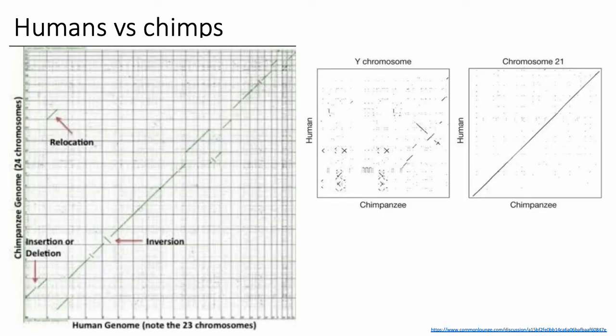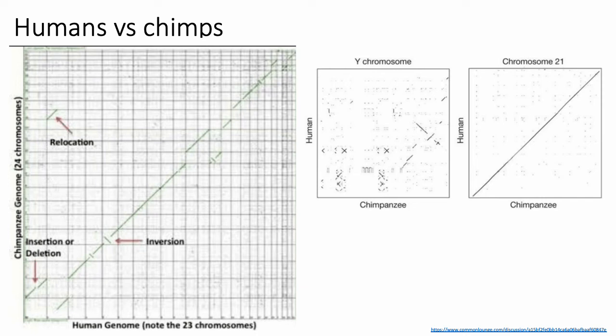Here's an actual alignment between the human and chimp genomes. These are whole genome alignments between human and chimp. The vertical lines in this dot plot represent the boundaries between the different chromosomes of the human genome, and the horizontal lines across the rows give you the boundaries of the chimp chromosomes.